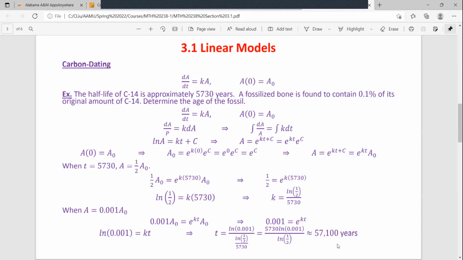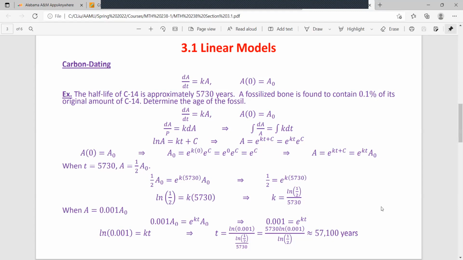Okay, so that's the answer for the problem. So it takes 57,000 years to decay down to 0.1% of carbon-14. Good.